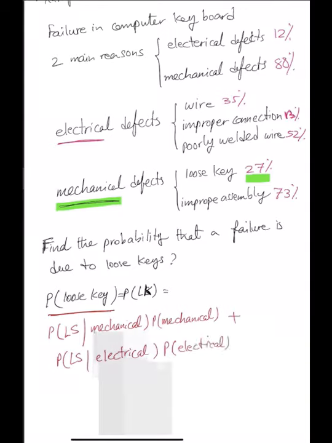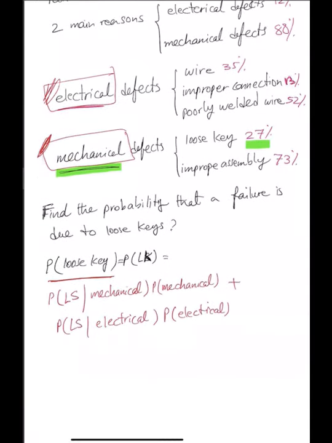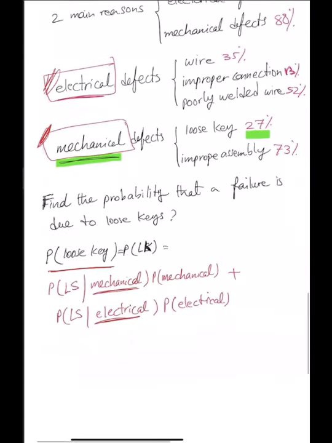And I can definitely condition on being electrical or mechanical because these two basically partition the whole sample space. Every defect in this manufacturing facility is in one category or the other, and then they are divided into these lower level causes. But any defect that I pick is either mechanical or electrical. So then, what is this probability?